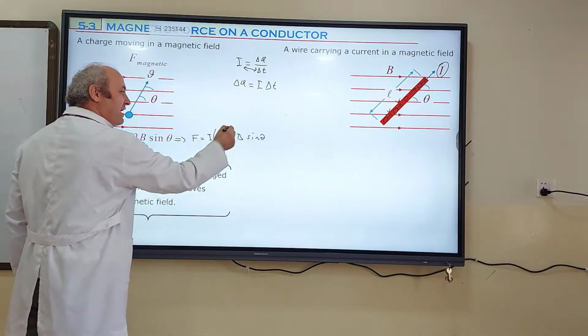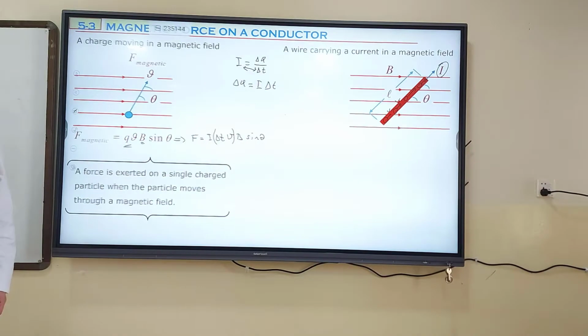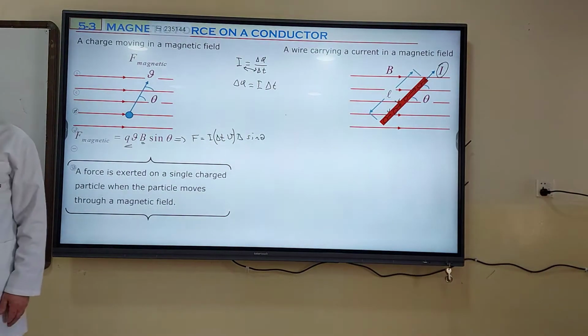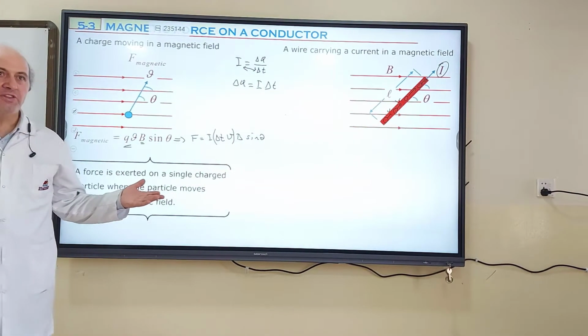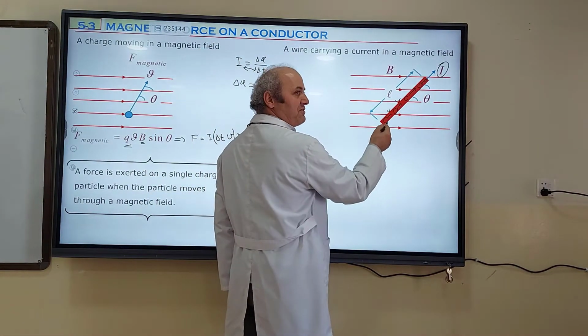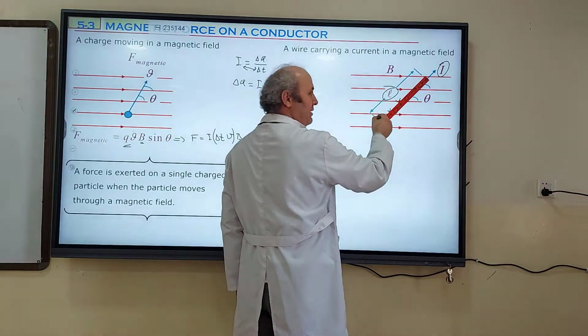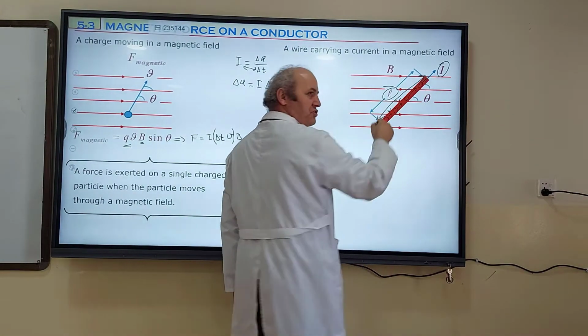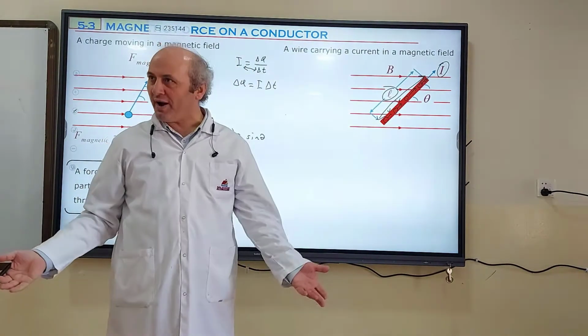What does V times delta T calculate? Speed times time calculates distance. The distance the charge travels is equal to the length of the wire.